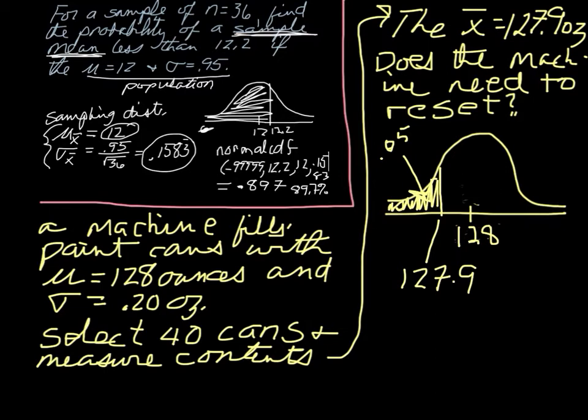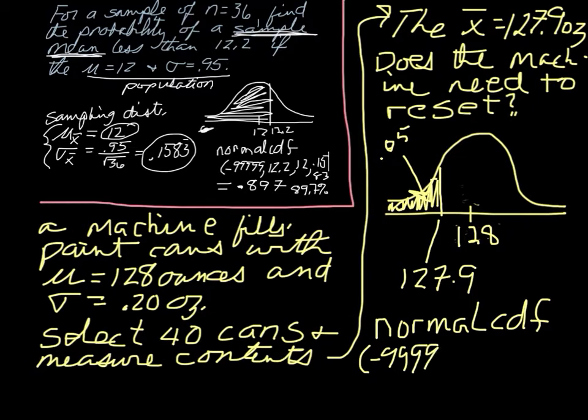So basically, from what I have here, I have a sampling distribution, and I need the standard deviation so that I can do a normal CDF and just find the area. So I'll just set up normal CDF, and then what goes in there? Well, the left bound is negative infinity. The right bound is 127.9.